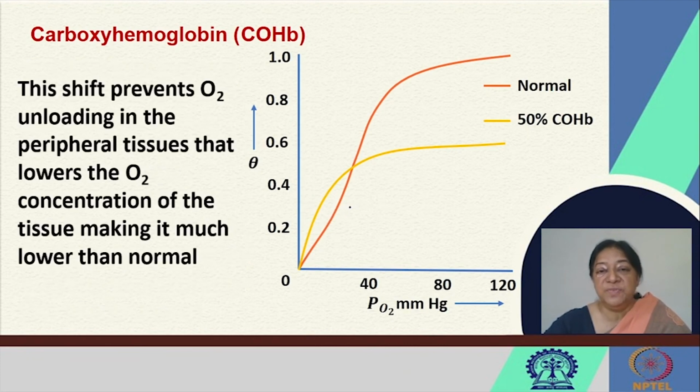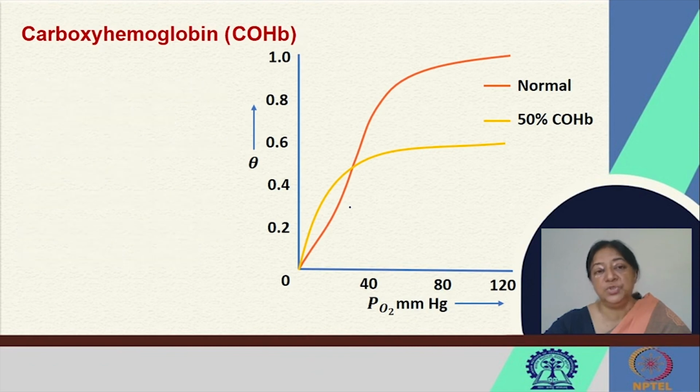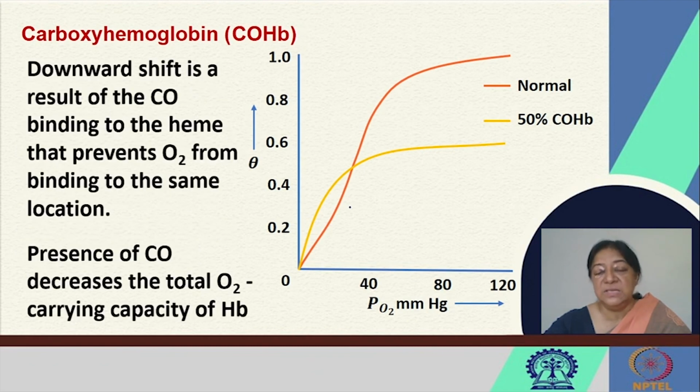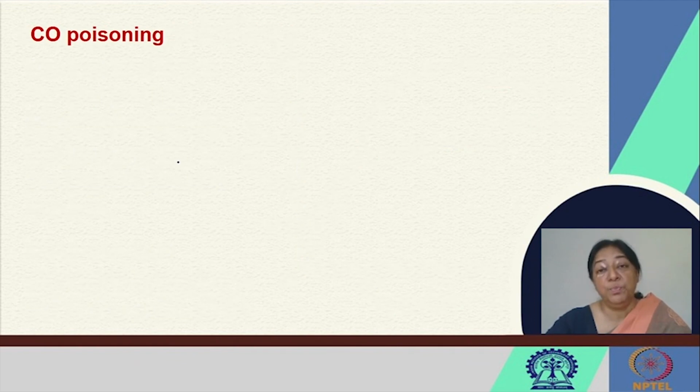This shift prevents oxygen unloading in the peripheral tissues where the concentration is low, making the oxygen concentration much lower in the tissues than normal. As a result, there is also a downward shift because there is the prevention of oxygen binding to the same location. So the presence of CO decreases the total oxygen carrying capacity of hemoglobin, resulting in CO poisoning as it is known.